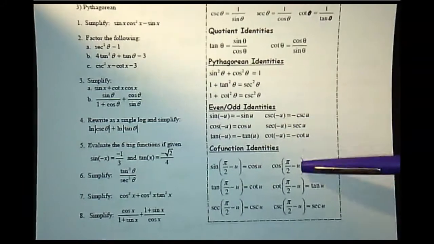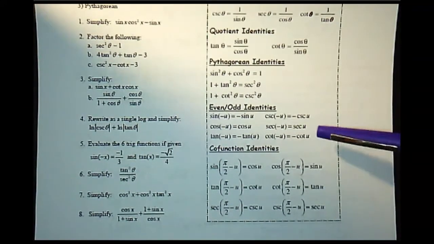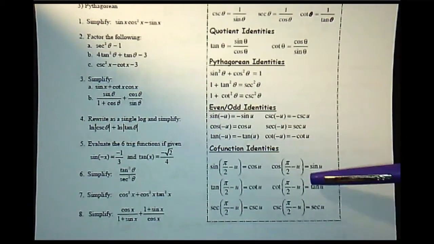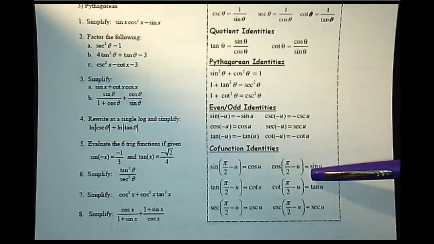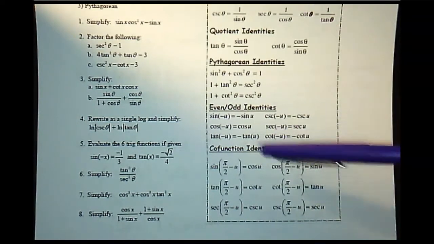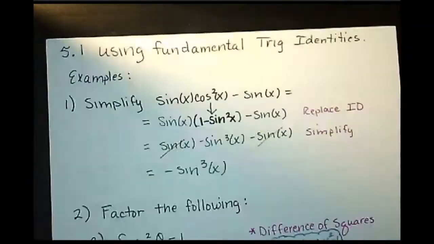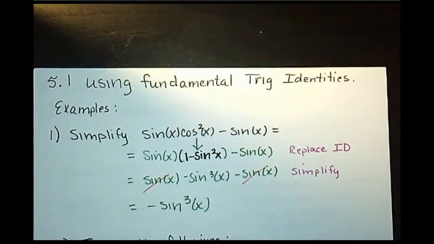So really it's just these two sets that you're going to have to focus on: the even and odd identities and the cofunction identities, or complementary angles as we called them earlier. These are all the identities we're working on getting committed to memory, and we're going to use them as we work through these 8 examples. So let's start with the first one.